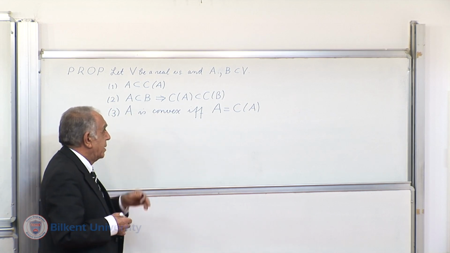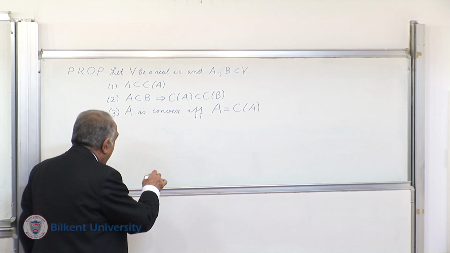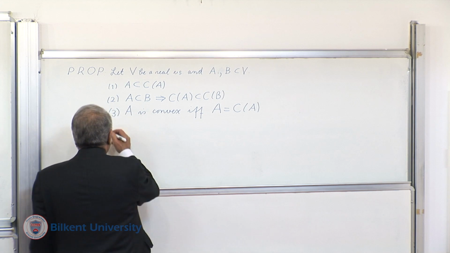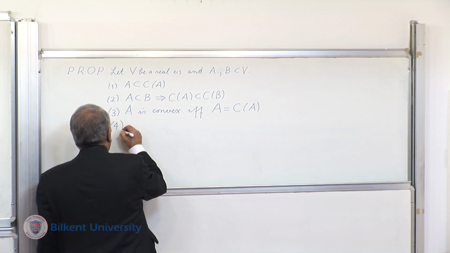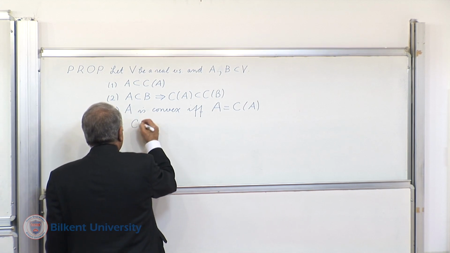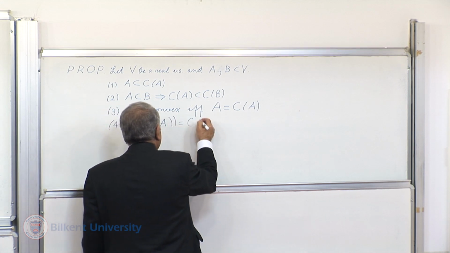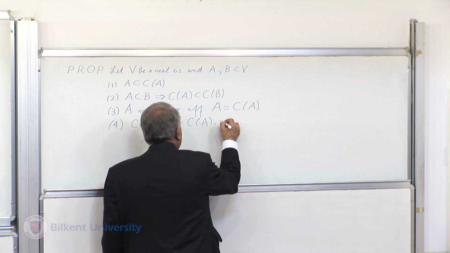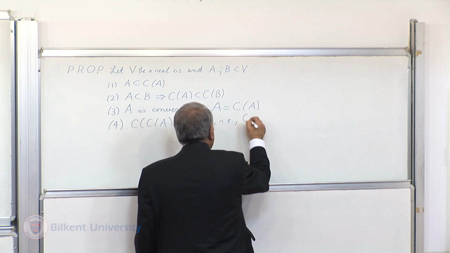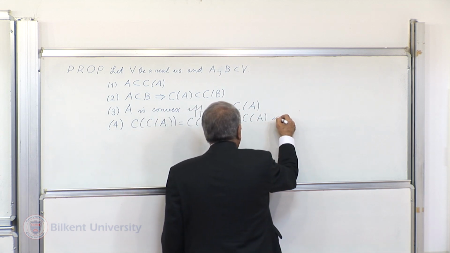Well, the other direction, that's a bit more involved, but it's easy as well. Fourthly, C of C of A is equal to C of A, that is, C of A is convex.